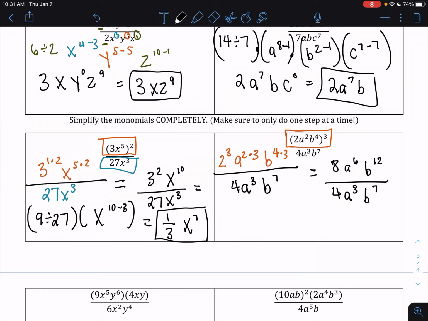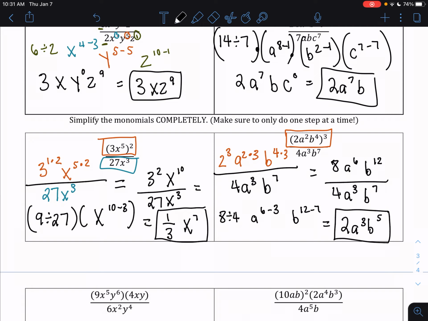Now, let's use our dividing rule. So you would have 8 divided by 4 times a to the 6 minus 3 times b to the 12 minus 7 to get for our final answer 2a cubed times b to the 5th.